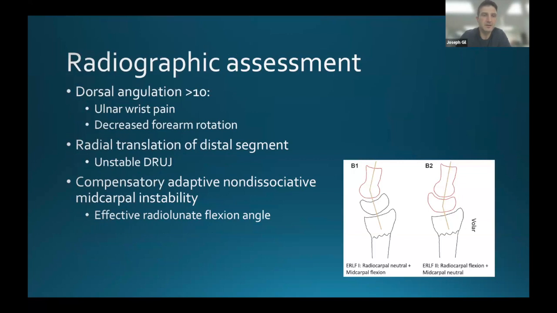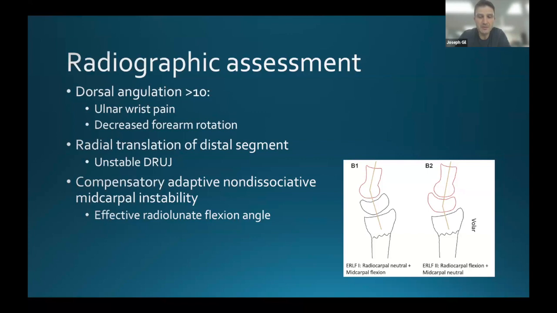So more specifically on dorsal angulation, when it exceeds 10 degrees, the clinical presentation typically presents with ulnar wrist pain or decreased forearm rotation. Issues with translation of the distal segment in the coronal plane result in laxity of the distal radioulnar joint and associated instability and symptoms at the ulnar wrist. And the carpal instability, the non-dissociative instability that we briefly alluded to earlier, has two types as determined by the effective radiolunate flexion angle.